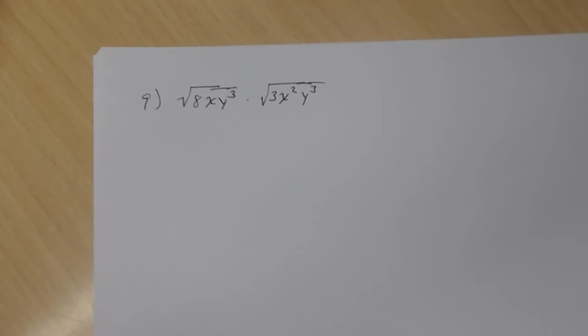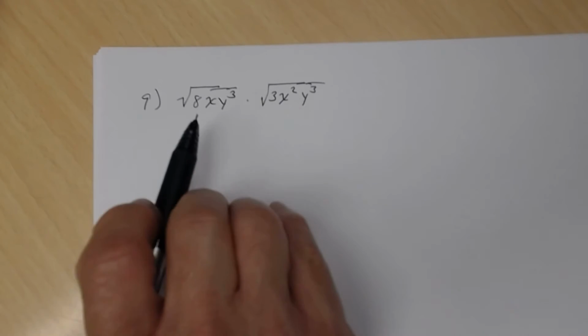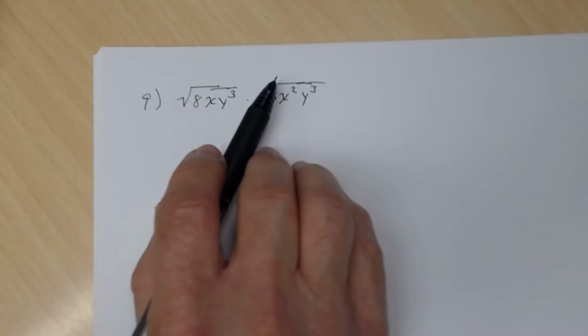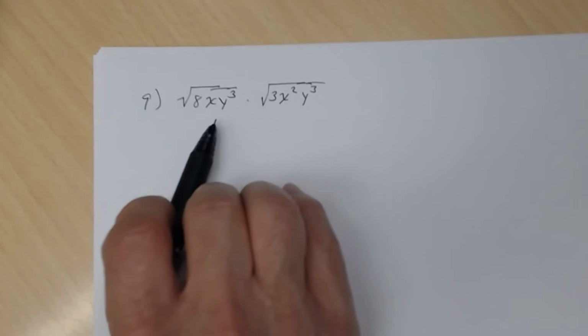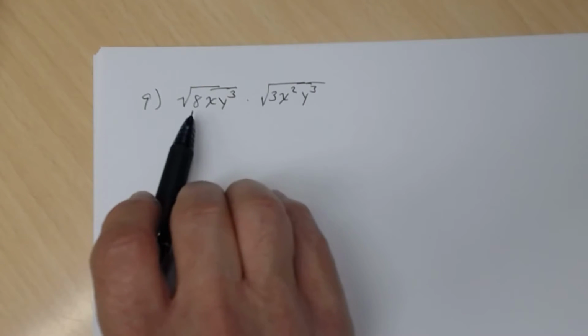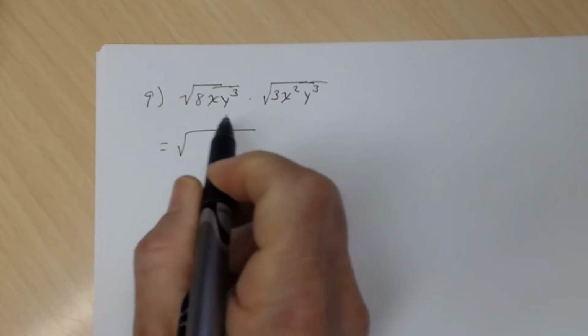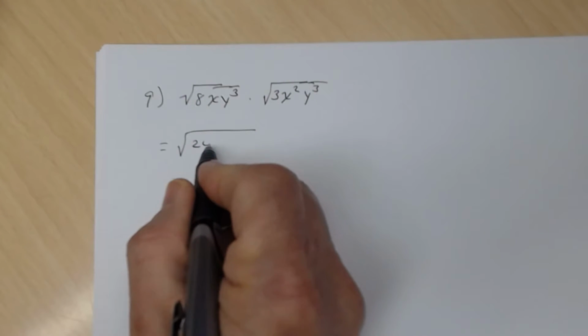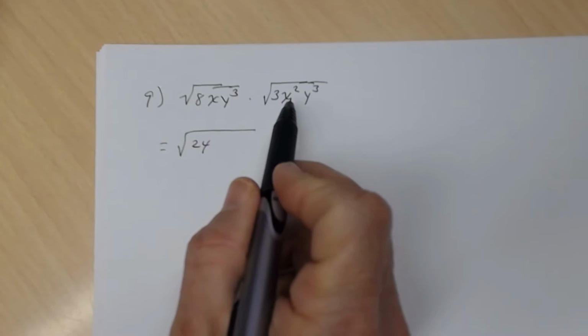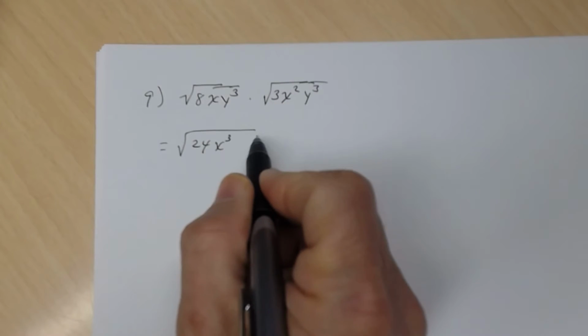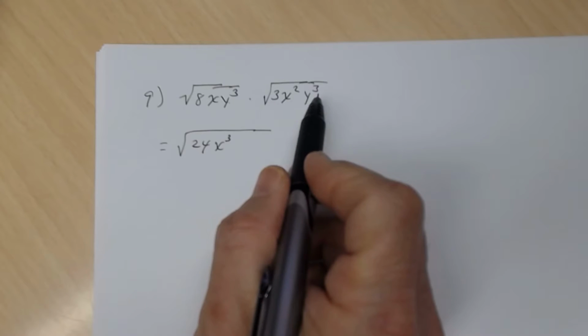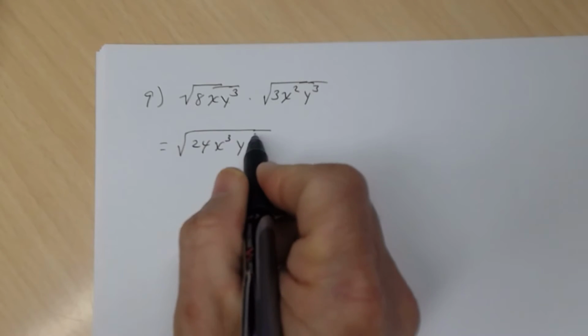So let's write this as one radical. Since the indexes are the same, these are both index of 2, hence square roots, I'm going to multiply the radicands together. So I'm going to get the square root of 8 times 3 is 24. x times x squared is x cubed. y cubed times y cubed is y to the 6.